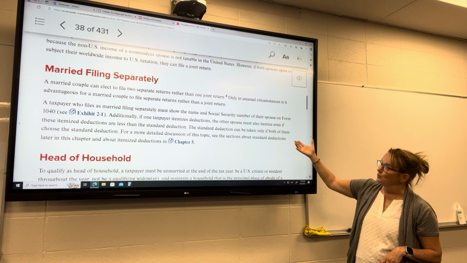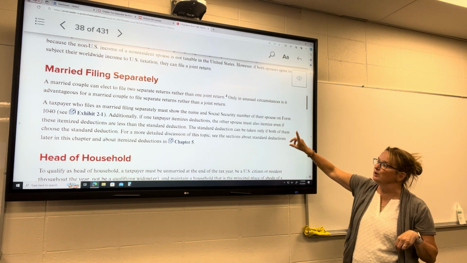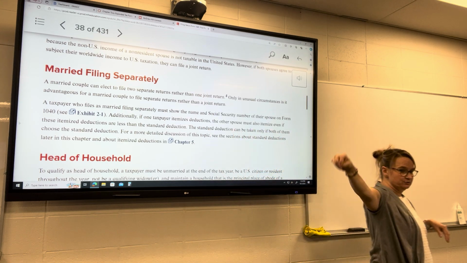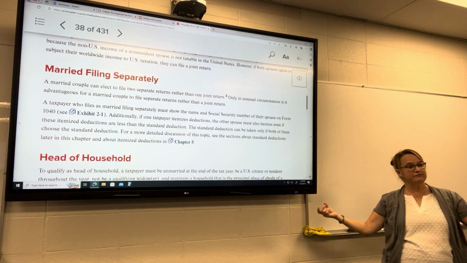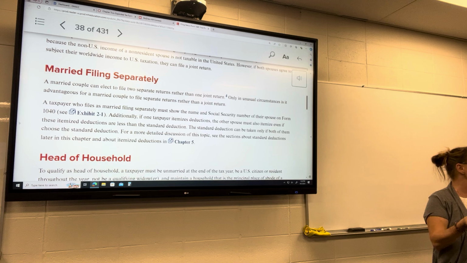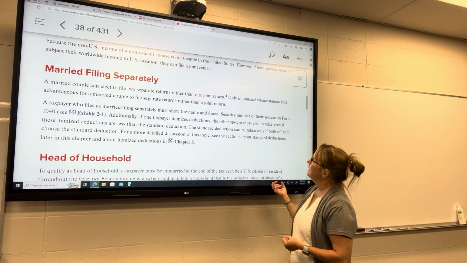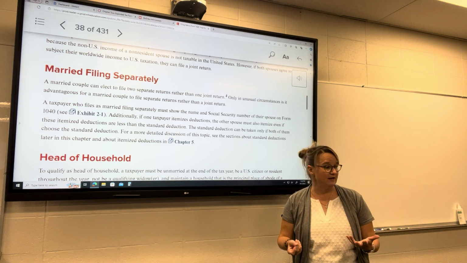But what they do is they each file their own separate tax return. When you do that, you do have to list the name and social security number of the other spouse, because the IRS will match those two returns up when they receive them to make sure that there wasn't a doubling up of certain deductions. There are limitations on what you can do if you're filing separately.